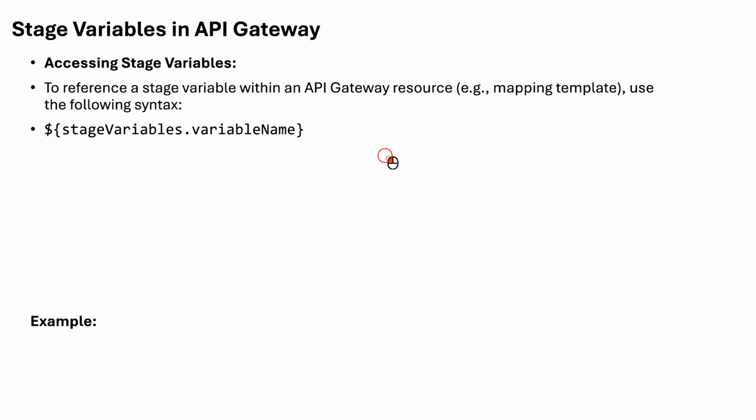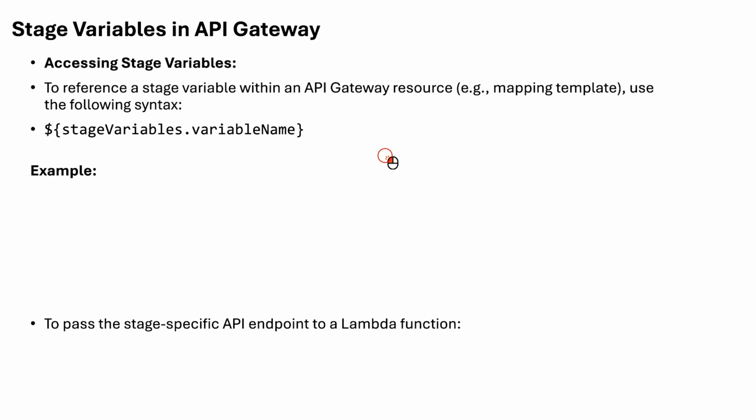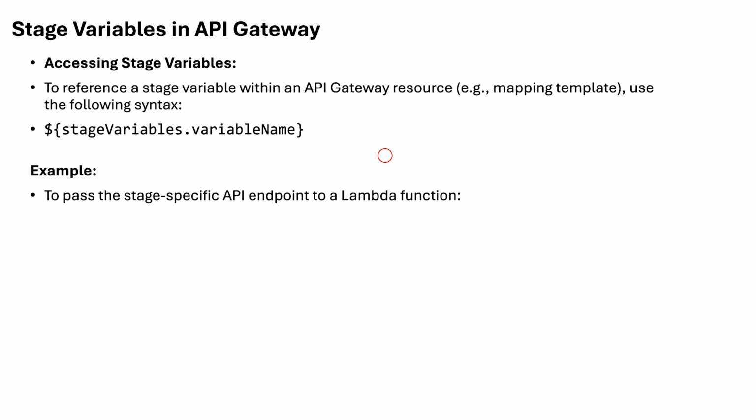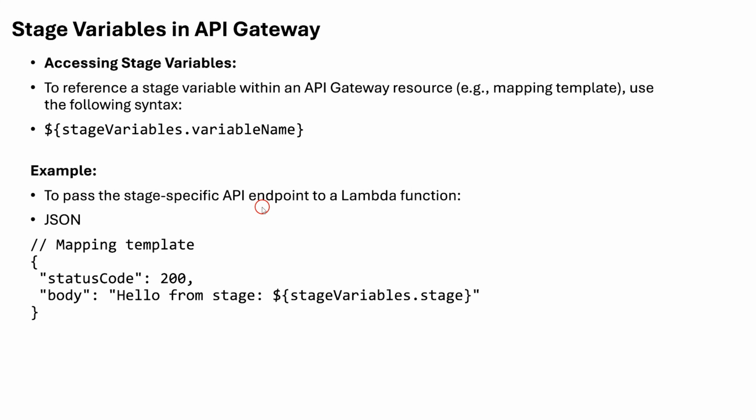Moving on to the next point, that is the example. To pass a stage specific API endpoint to a Lambda function, the JSON could look like this. If you pass a stage specific value, that means you are passing the stage.